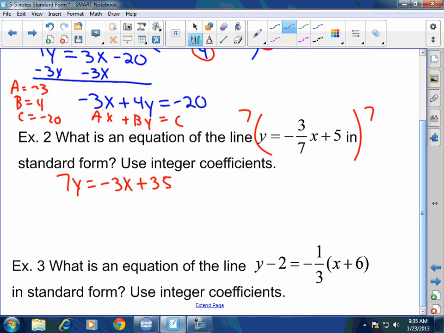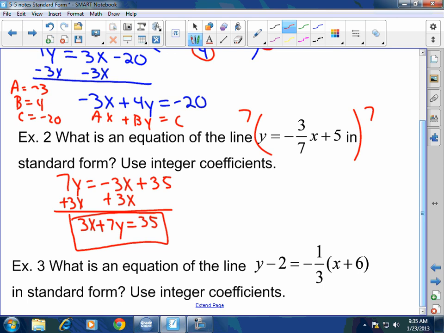Standard form is ax plus by equals c. So what do I do, my man? That's exactly correct. You want to get rid of that negative 3x. So you're going to add 3x to both sides. And I'm going to have 3x plus 7y equals 35. And I am done. Because I always want to write it in the form of ax plus by equals c.